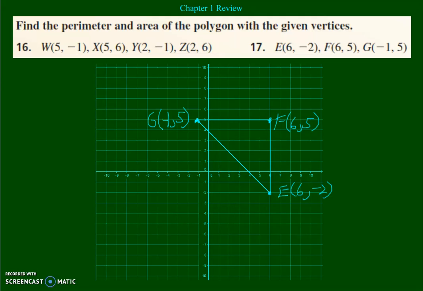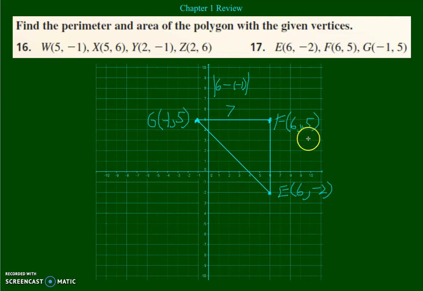Now, to find the perimeter, we can use the ruler postulate for these two sides. And this one, we're going to have no choice but to use the distance formula. So let's go ahead and use the ruler postulate for this side. We have the difference of the x-coordinates, which is going to be 6 minus -1, absolute value, which is 6 plus 1, 7.